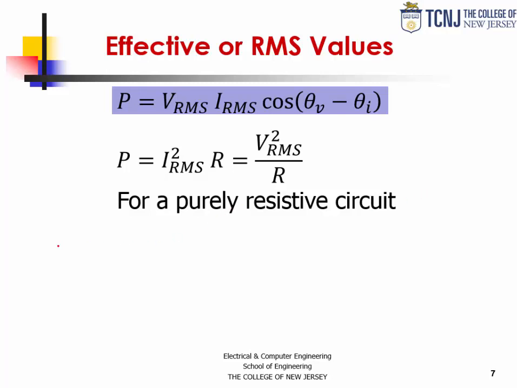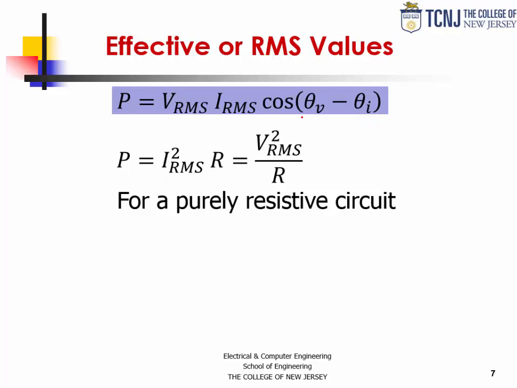That current is also the RMS current. So we can say that the power in an AC circuit is equal to the RMS voltage, the root mean square voltage, times the root mean square current times the cosine of the difference of the phase angles between the voltage and the current.